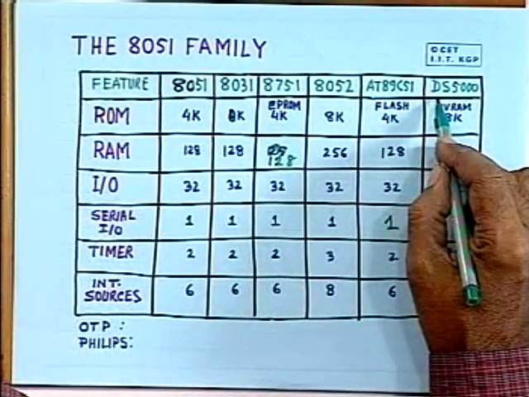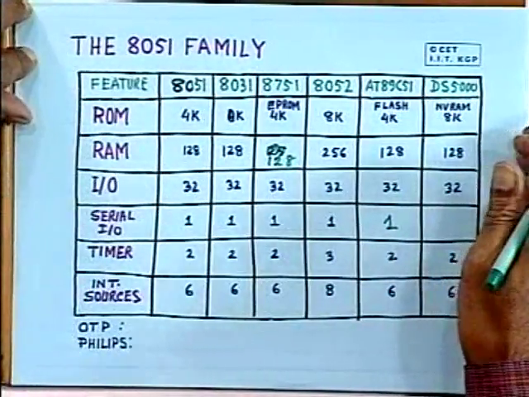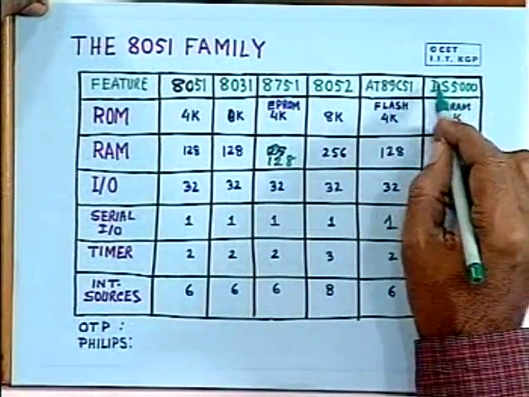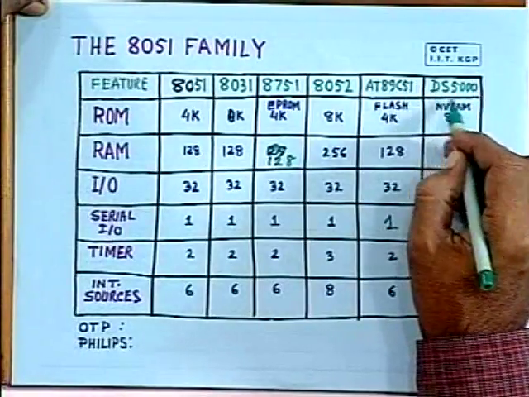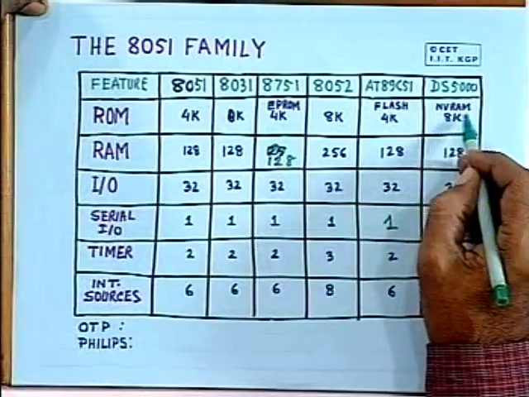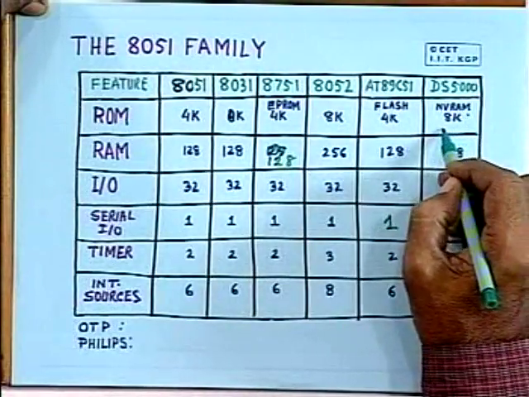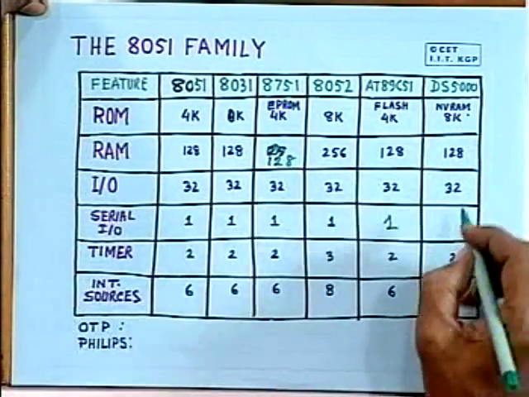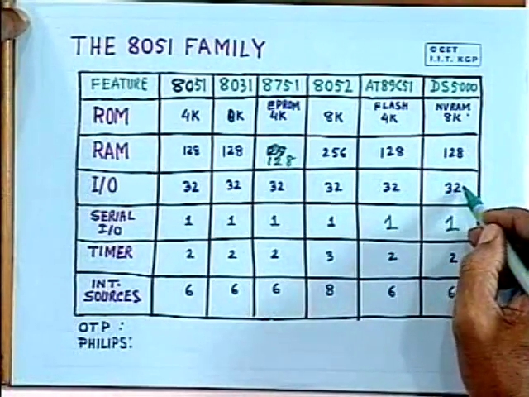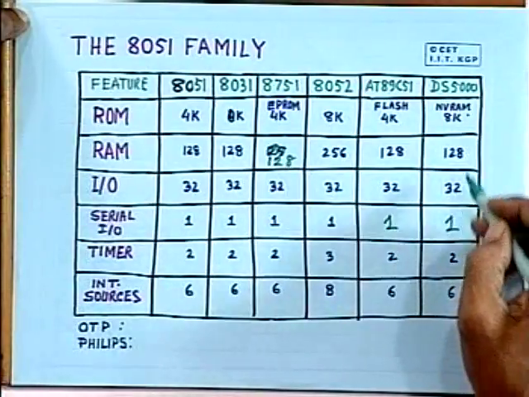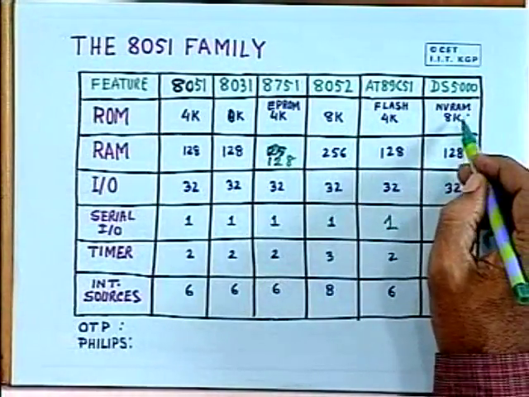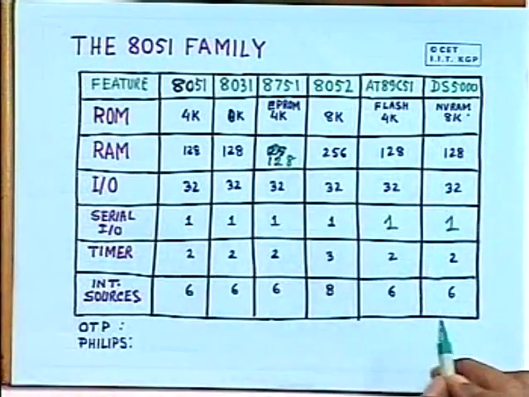Then your DS5000, this is also another version of the 8051, where the program memory is NVRAM, non-volatile RAM, which is of 8 kilobytes size, and you have got the same size of IO ports, serial ports, and the non-volatile RAM can be programmed through the serial port with the help of a PC.